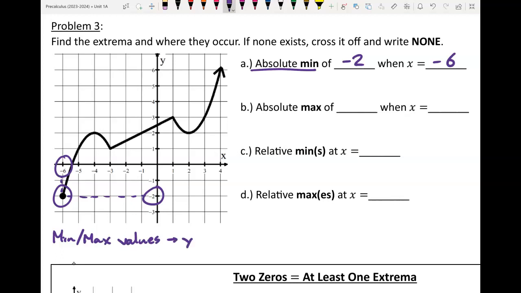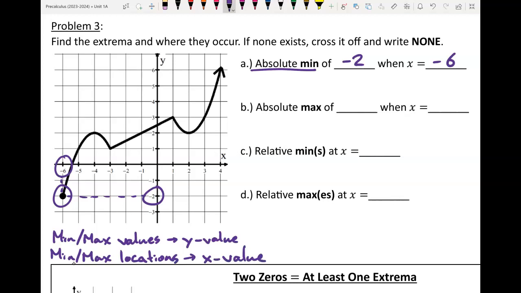So when we are looking for min or max values, we look at y values. Whatever our y value of the point is, that is going to be the min or max value. When we want to look for location, so min or max locations, we look at the x values.